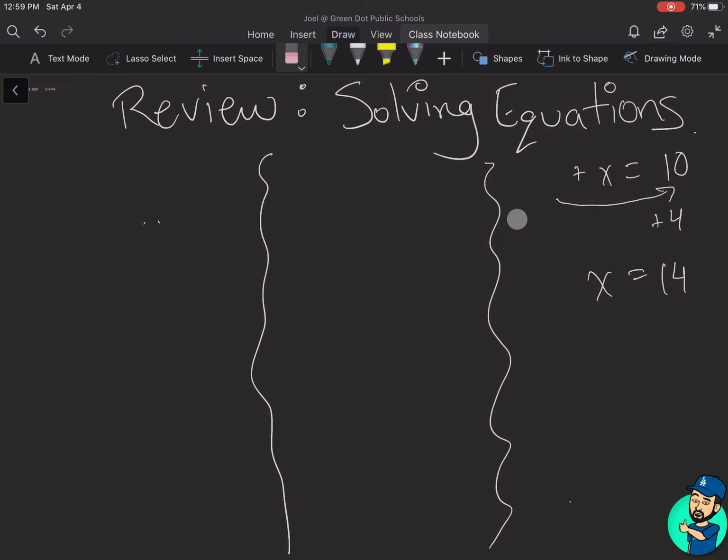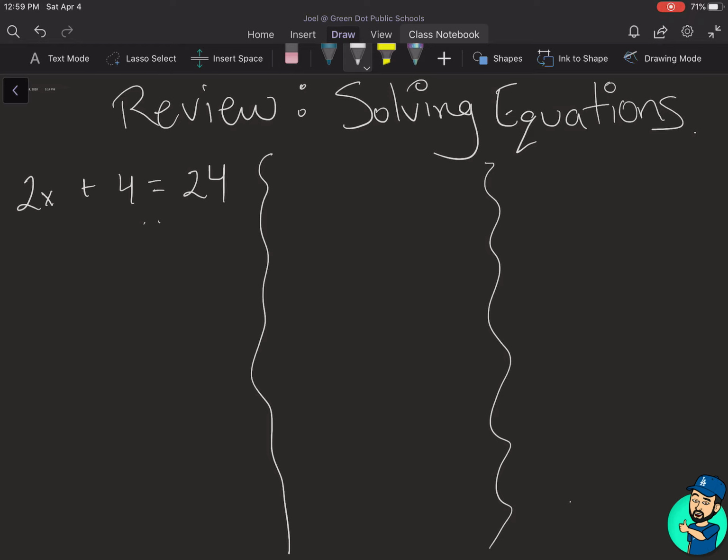So two-step equations look something like this. 2x plus 4 equals 24. Another one. 1/4 x plus 2 equals 8.